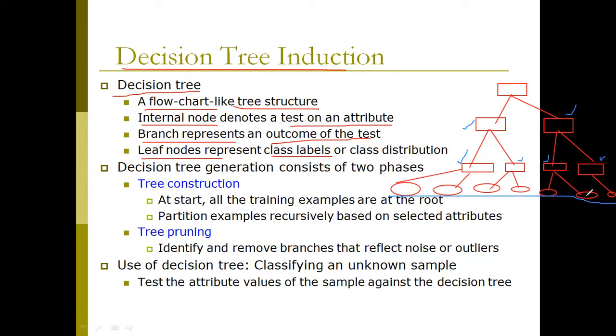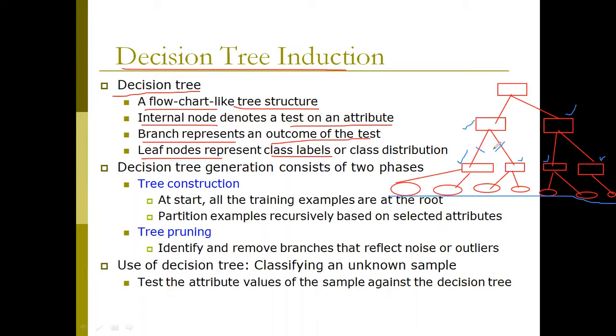Each and every internal node may have two branches or two edges, I mean may have some edges. These are the edges of internal node 1 and 2. These are the two outcomes or two branches here.